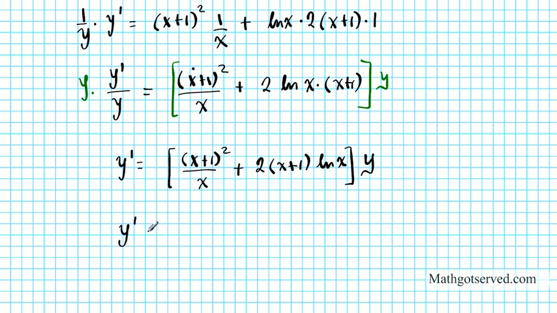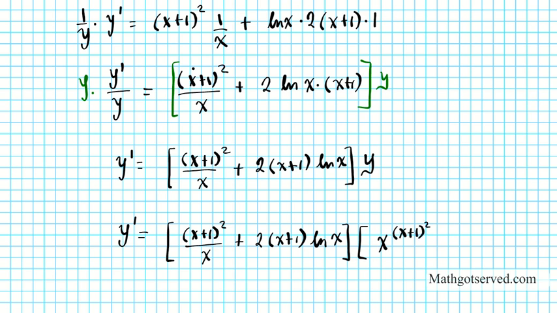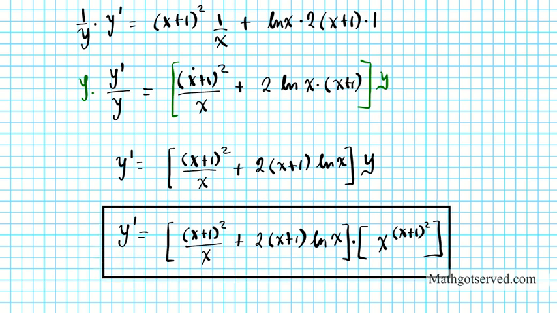So we have y prime equals the quantity x plus 1 squared over x plus 2 times x plus 1 times the natural logarithm of x times the initial value of y, which is x raised to the x plus 1 quantity squared. This product is basically the derivative of our original function. So there goes your final answer.